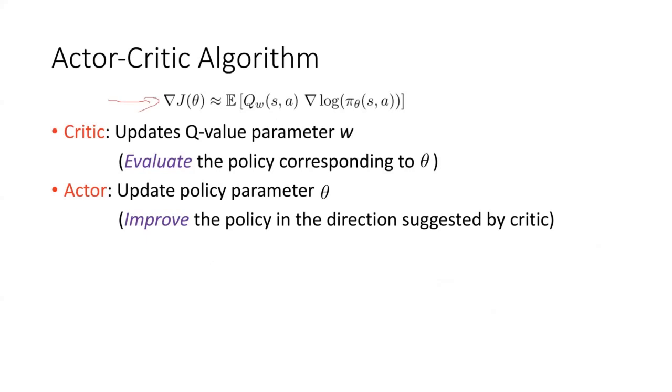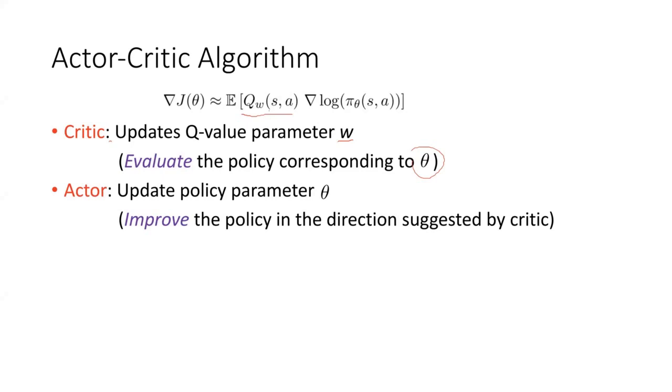This is the gradient descent that you want to do. Inside there are two neural network parameters, Q_w and pi theta. So you have a critic and an actor step. A critic is essentially something that learns the Q value, or the parameter W. That's essentially the Q value corresponding to the policy pi theta. So the intuition is that the critic is learning the quality of the policy pi theta by learning the Q value corresponding to that policy.